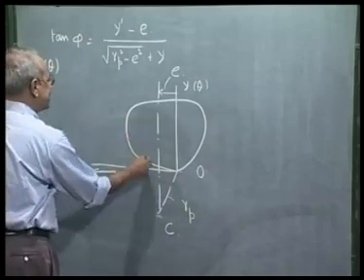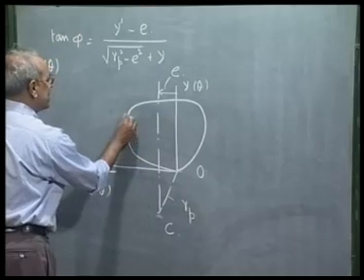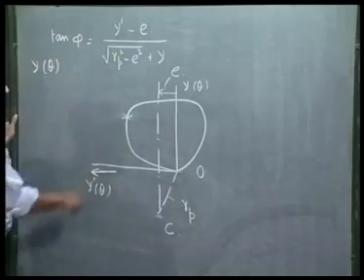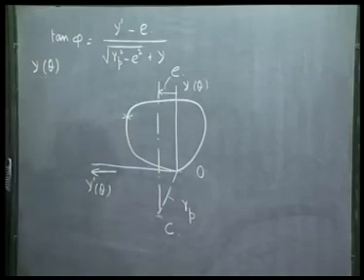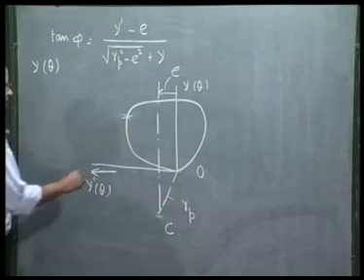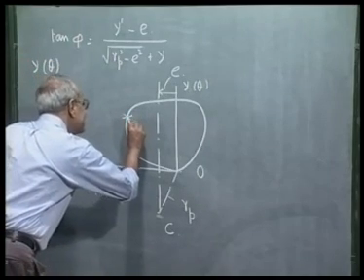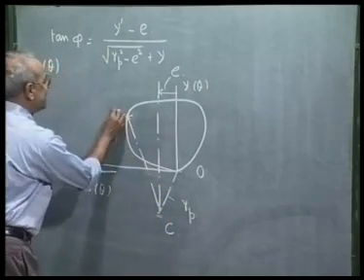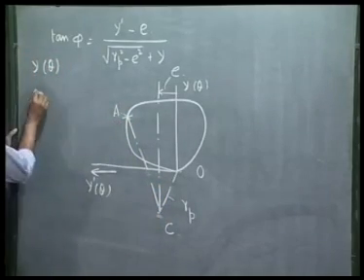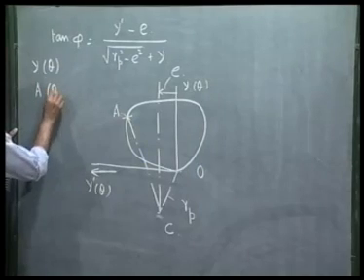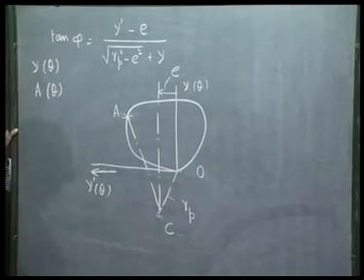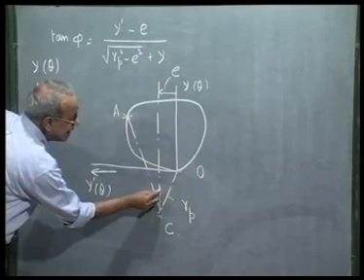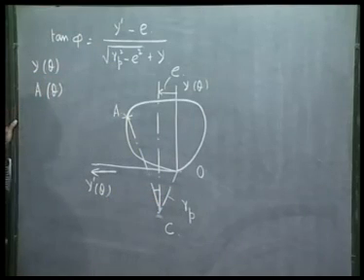Now we see, if I take any point on this curve, any point means a particular point. This point corresponds to some value of theta. Now let us see that the angle that this line, say CA, A represents a particular value of theta, the angle that this line CA makes with the vertical is nothing but the pressure angle for that value of theta.